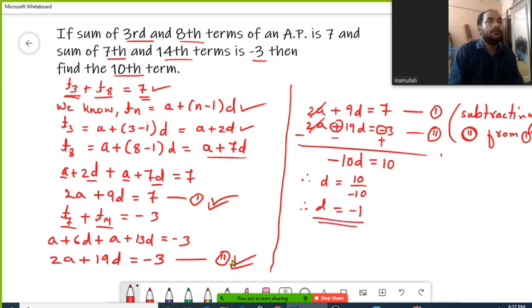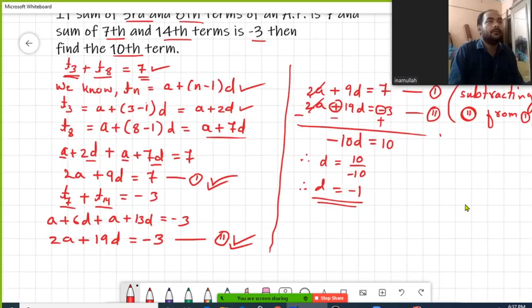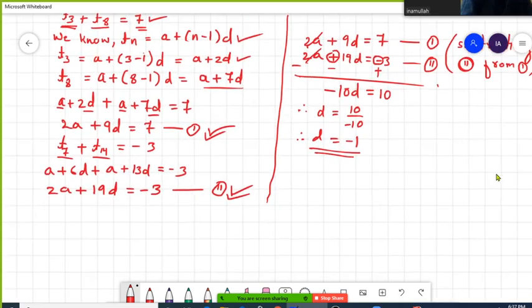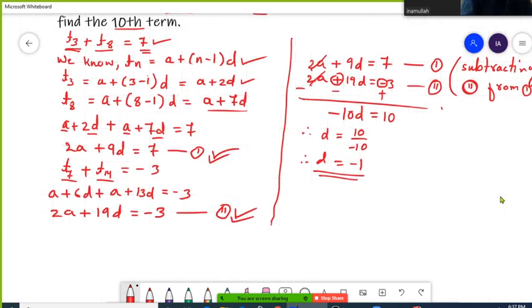So this is the value of D, which can be substituted either in equation 1 or 2 to get the value of A. So I am substituting D as minus 1 in equation number 1.